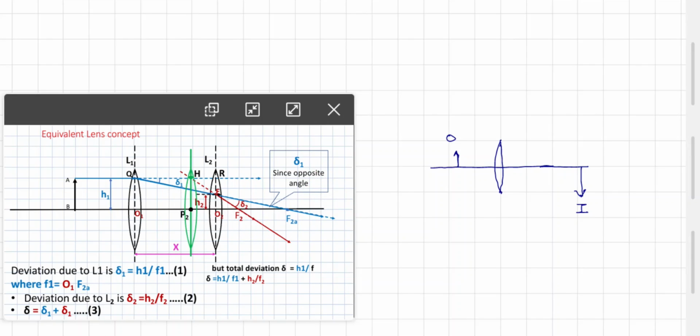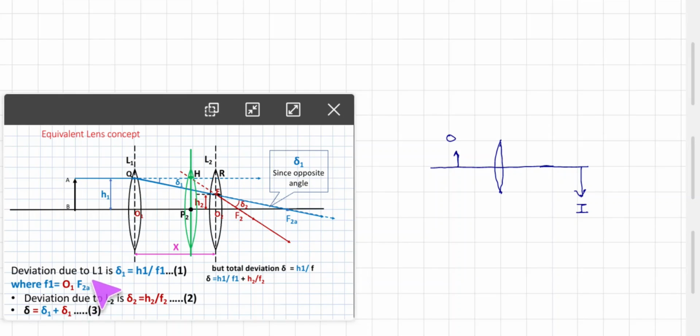So from the figure we can see that this is delta 1, and this is delta 2. Since delta 1 is an opposite angle, these two lines are parallel and this line is intersecting. So this is delta 1, this is also delta 1, this is delta 2, this angle is also delta 2.